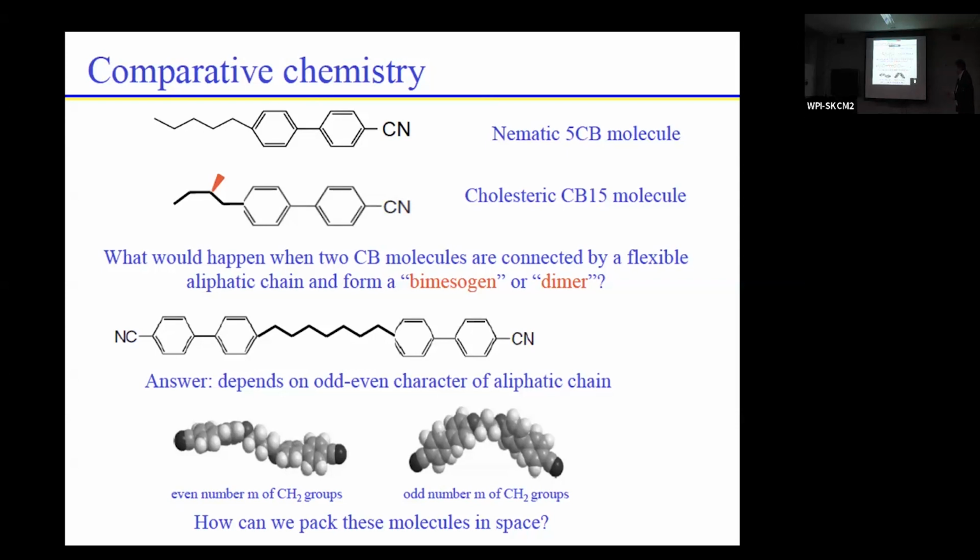Then you get dimer-like molecules. And what is interesting is that the conformation of that molecule highly depends on the number of carbon atoms in between the two in this hydrocarbon chain. And so when we have an odd number of these CH2 groups, we get this banana-like looking dimer molecule.